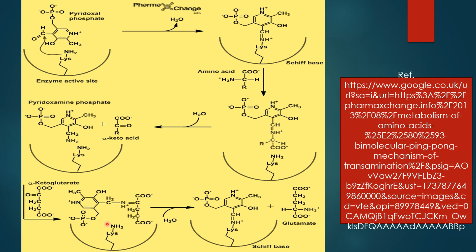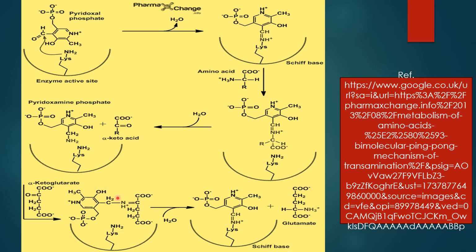In the next step, this lysyl amino group of the enzyme is now attacking this carbon of the pyridoxamine. So it is replacing this amino nitrogen, and this whole entity is now separated as glutamate.